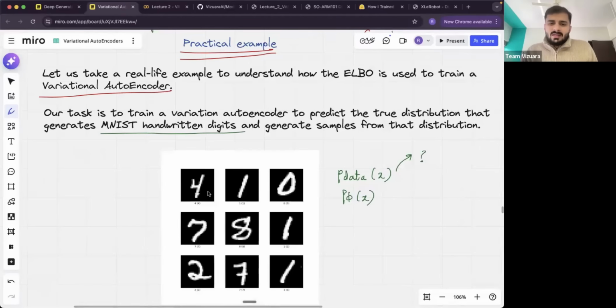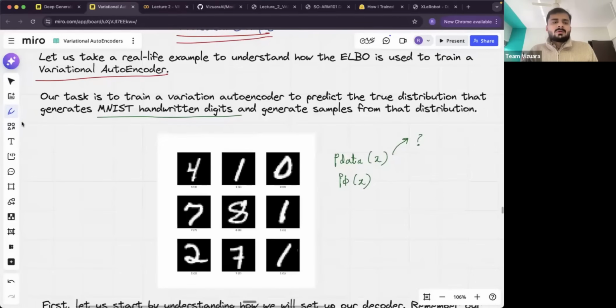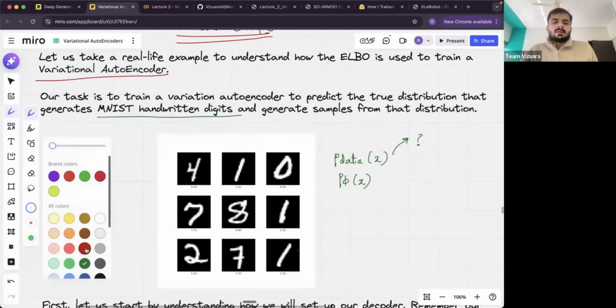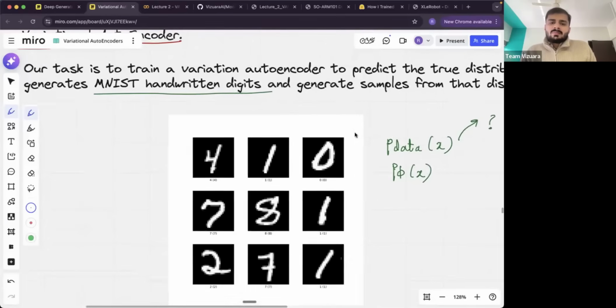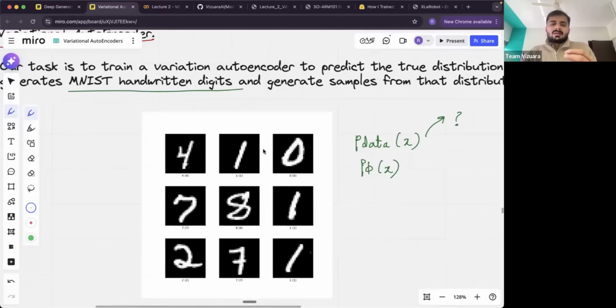Now you can see from this that all of these letters are following a specific shape, right? So you would probably think that this one has some slant, it is written in a specific way.